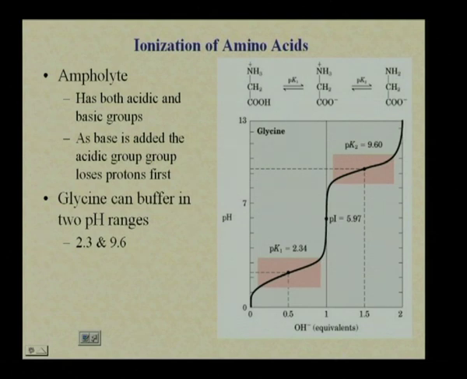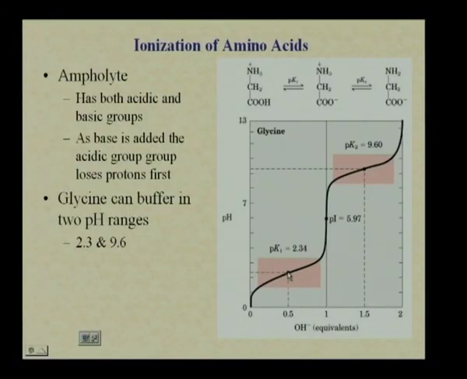So, I come to a point, as I keep adding my OH minus, I come to a point where this is equal to this, right? What is that point? That is when my pH is equal to my pKa. That on this graph is this point here.